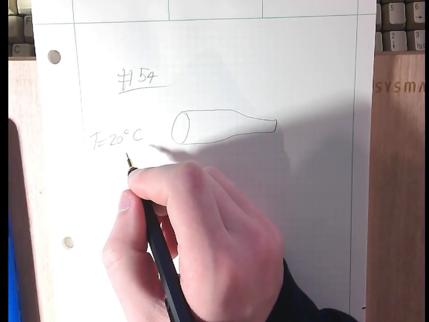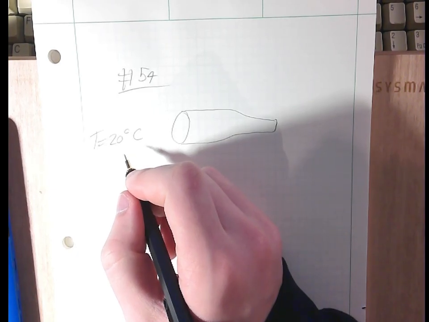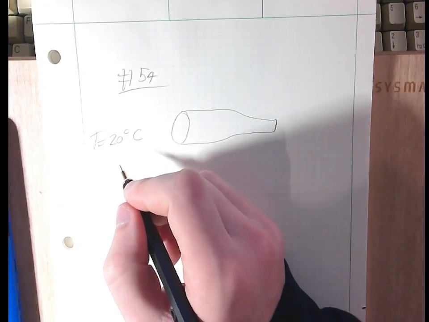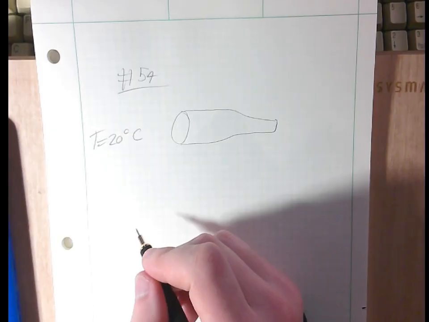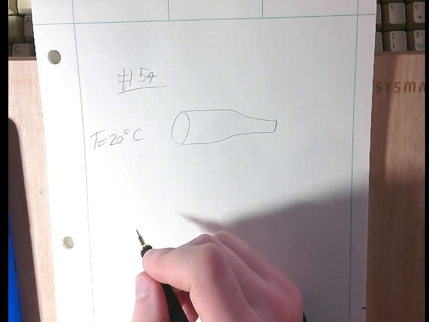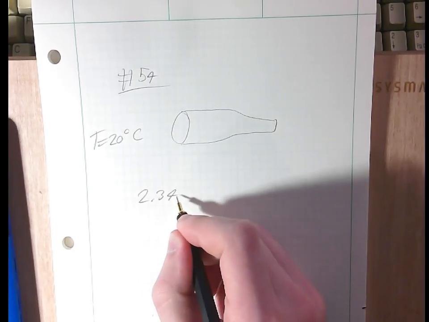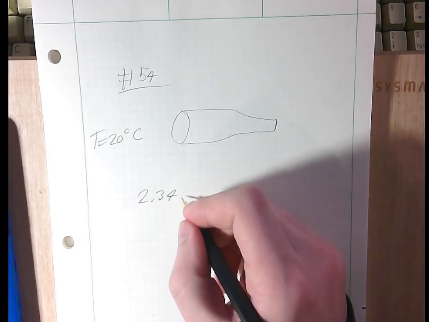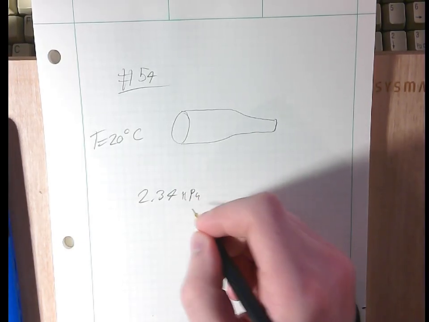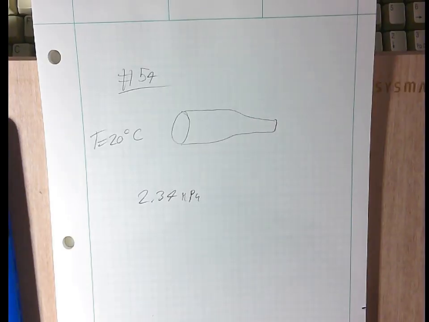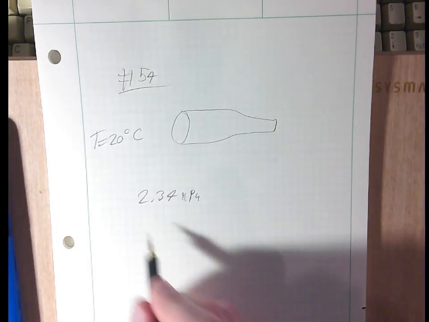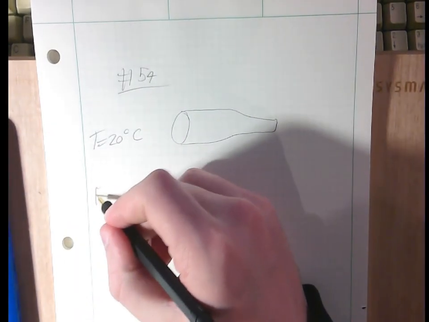Determine the lowest absolute pressure it can have without causing cavitation. So we go to the appendix, and at 20 degrees C, vapor pressure is 2.34 kPa. I'm assuming that's the answer. You just find the vapor pressure.